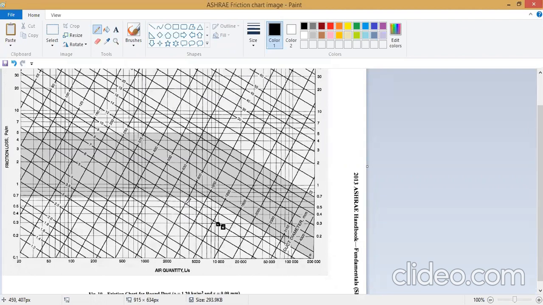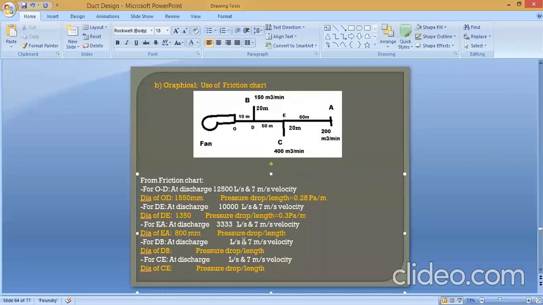Approximately this point is here. The diameter corresponding to this is 800 mm, and pressure drop is approximately 0.59 Pascal per meter.